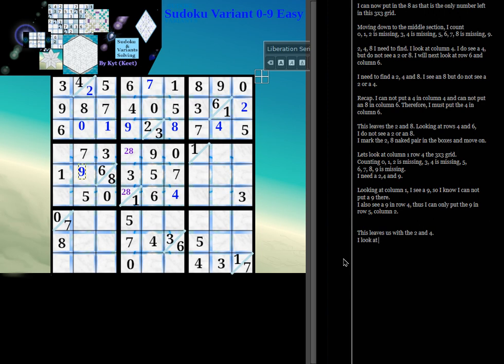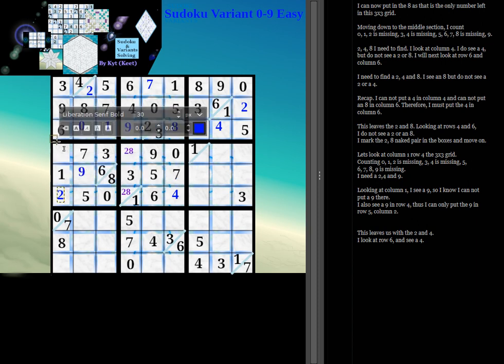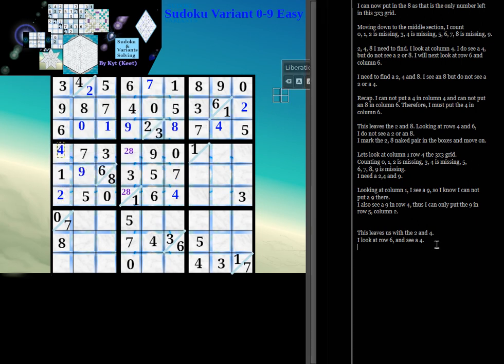I look at column 6, I look at row 6 and see a 4. I put the 4 in row 4, column 1, and the 2 in row 6.